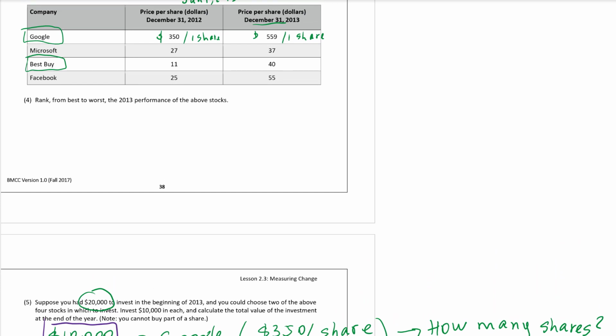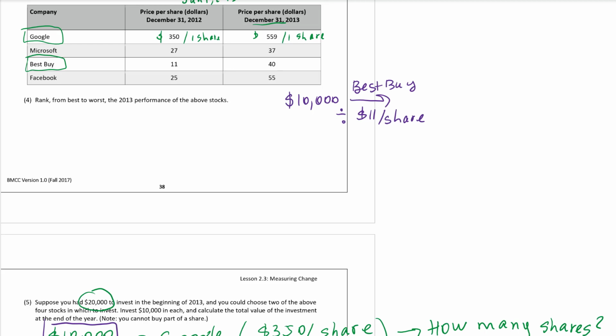Okay? Alrighty, so let's review it. So you're going to take $10,000 and you're going to invest it into Best Buy at $11 per share. Correct? So we're going to divide this at $11 and we're going to get lots and lots of shares with $10,000.